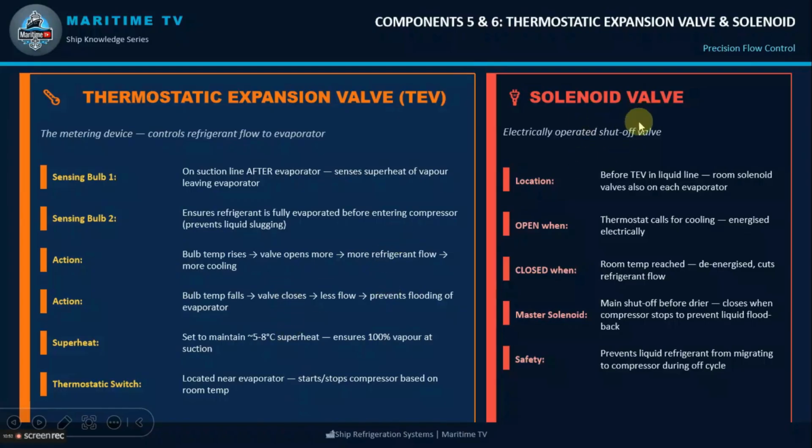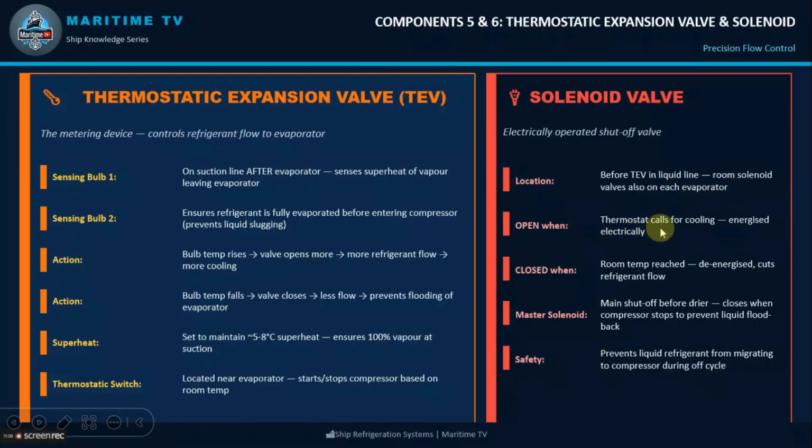Also we have a solenoid valve. This is an electrically operated shut-off valve. Its location is before the thermal expansion valve on the liquid line. The room solenoid valve is also on each evaporator.